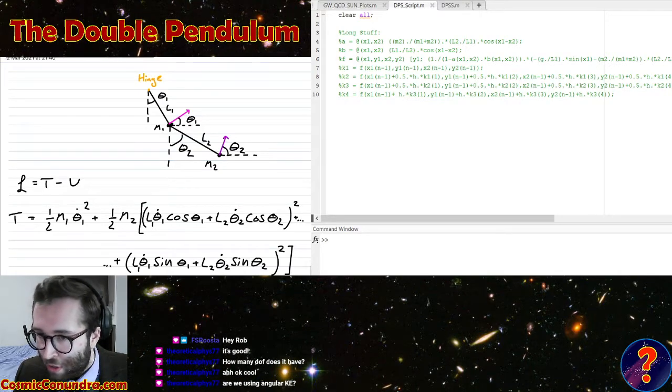And these will give us two equations of motion that describe the system.